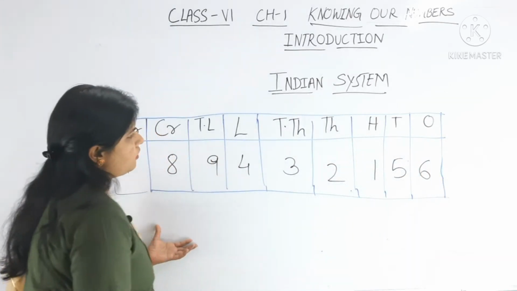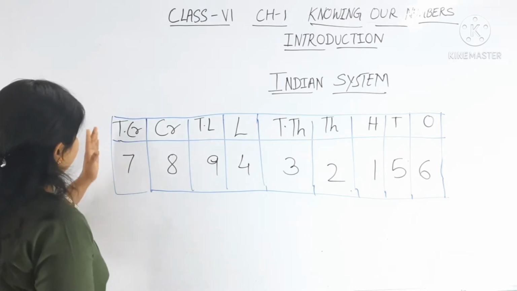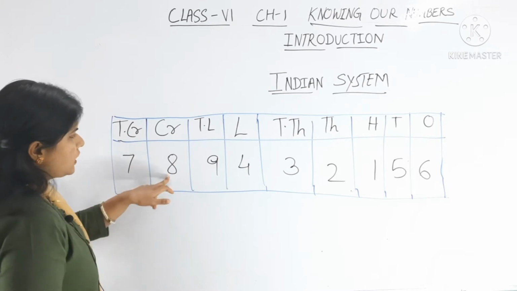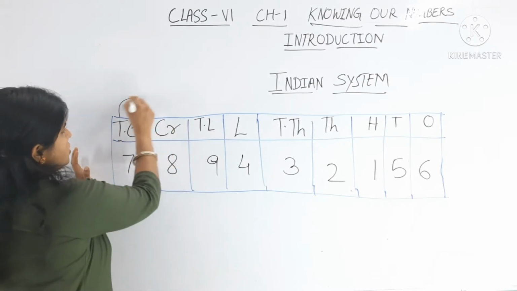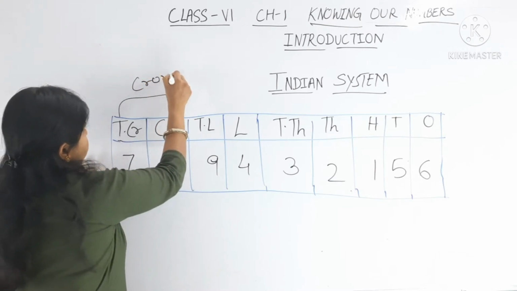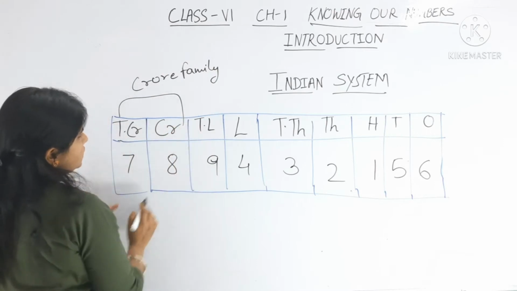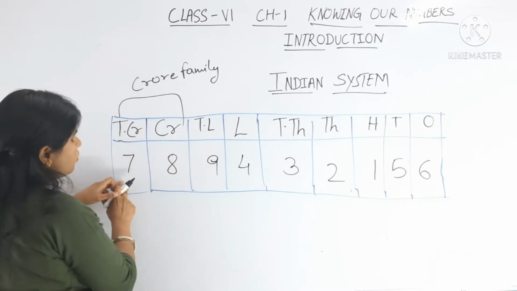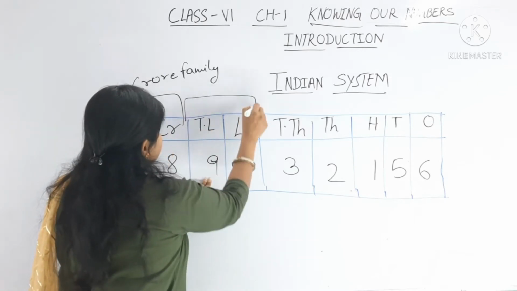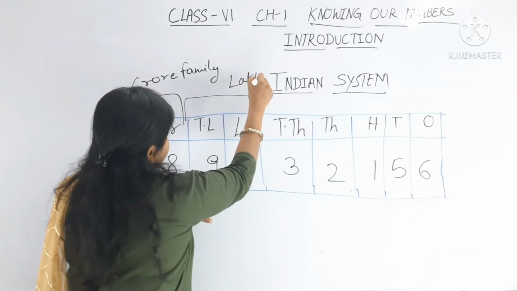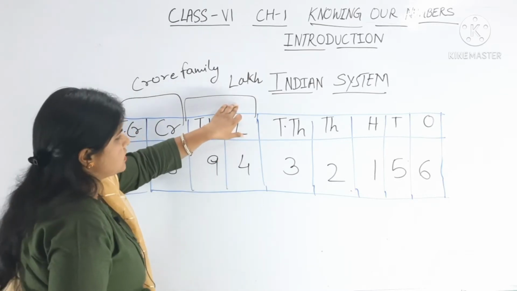So how can you read this? 78 crore. This is the crore family. Then this one is the lakh family, so you can read 94 lakhs.